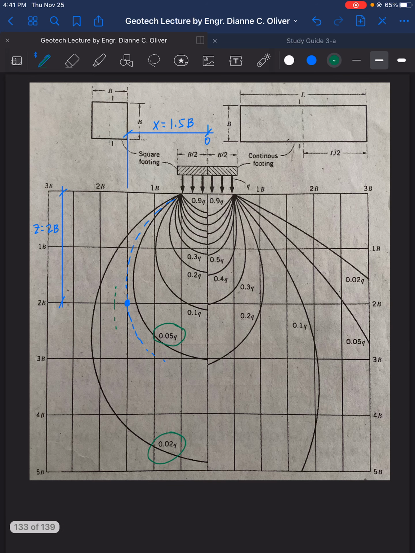What we will do here is 0.02 plus 0.05 divided by 2. Then we get that this middle curve here is 0.035. Now what's next? We get 0.035 plus 0.05 divided by 2.